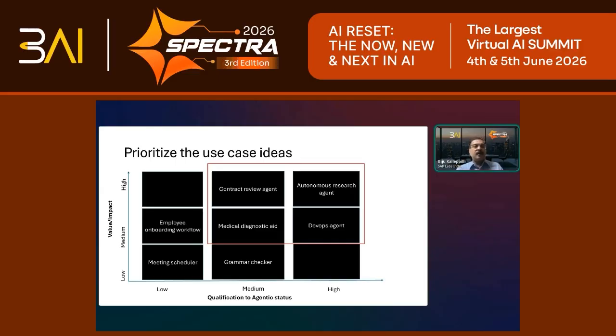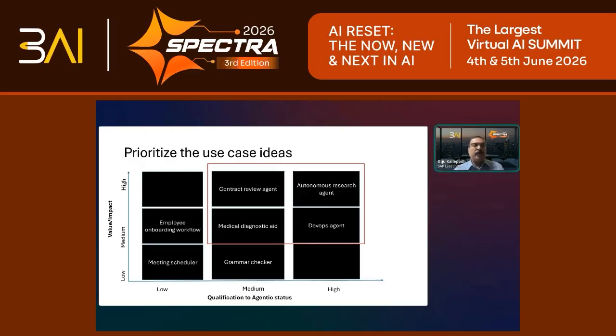All these things are going to help you prioritize use case ideas, right? The red square boxes that I marked are the ones that qualify based on the criteria I have given at this point of time. So your priority one will go to autonomous research, then you can assign the priority of the other three according to the needs of the organization.